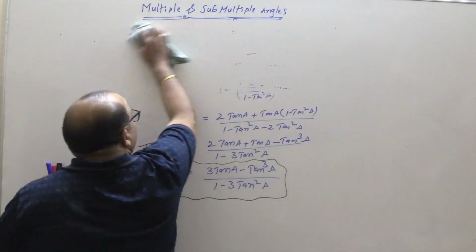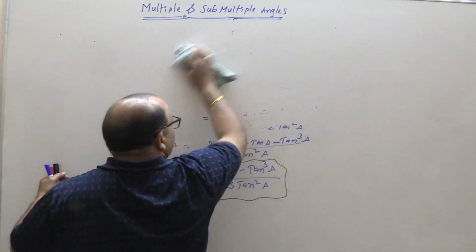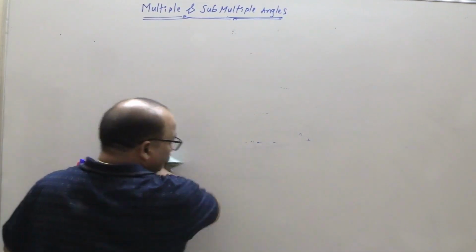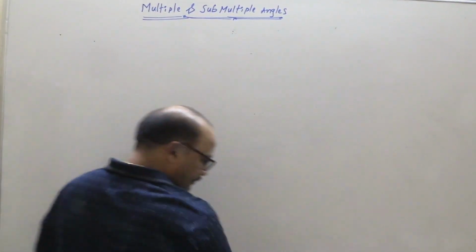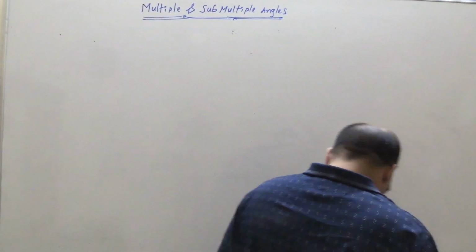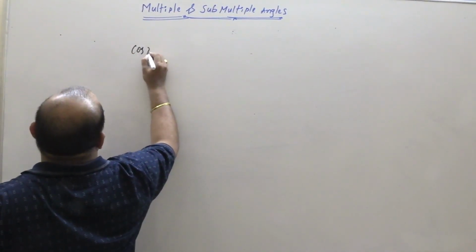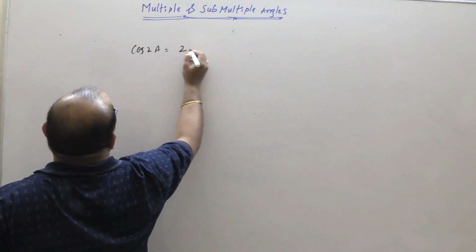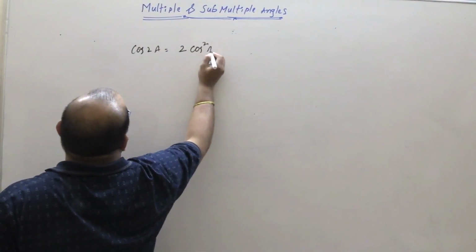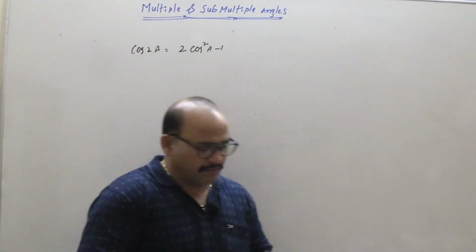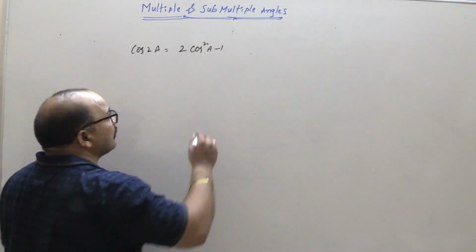Cos 2a formula, students: cos 2a is 2 cos square a minus 1. Be careful, most important. Frequently we will use these formulas again and again.